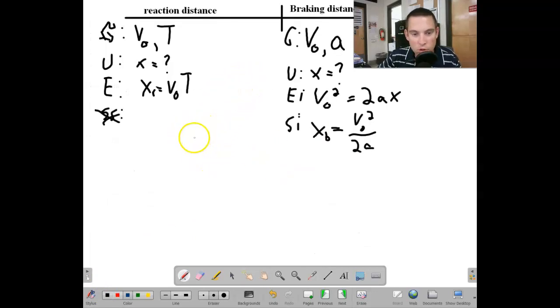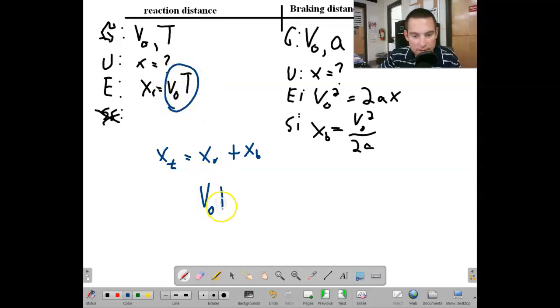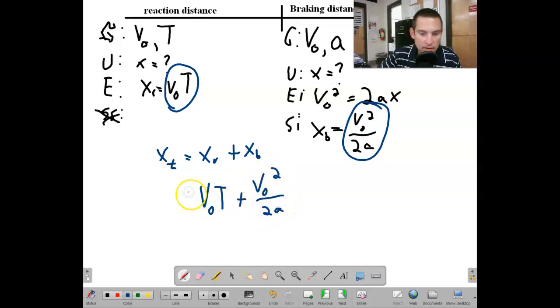We're looking for the total distance, and that total distance is just our reaction distance plus our braking distance. The reaction distance is v naught times capital T, and the braking distance is v naught squared all over 2a.